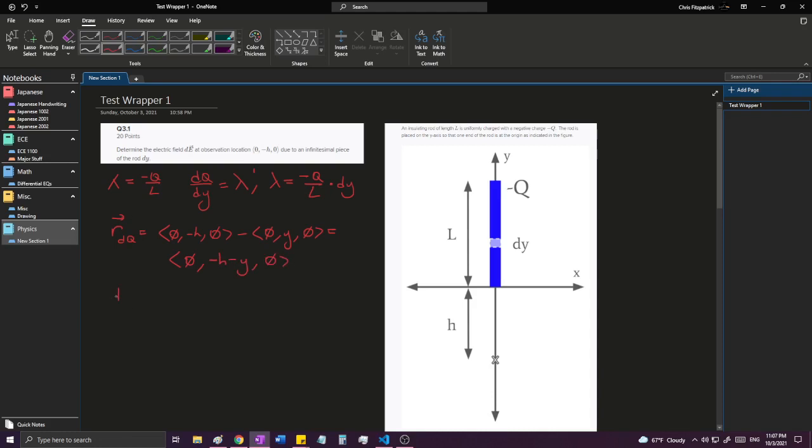And then from there, it's pretty easy to get dE, which is equal to k, or 1 over 4 pi epsilon 0, k dq over the magnitude of r dq squared multiplied by the unit vector of r dq, which is equal to 1 over 4 pi epsilon 0 multiplied by negative q over L dy, divided by negative h minus y, the magnitude of that would be h plus y squared.